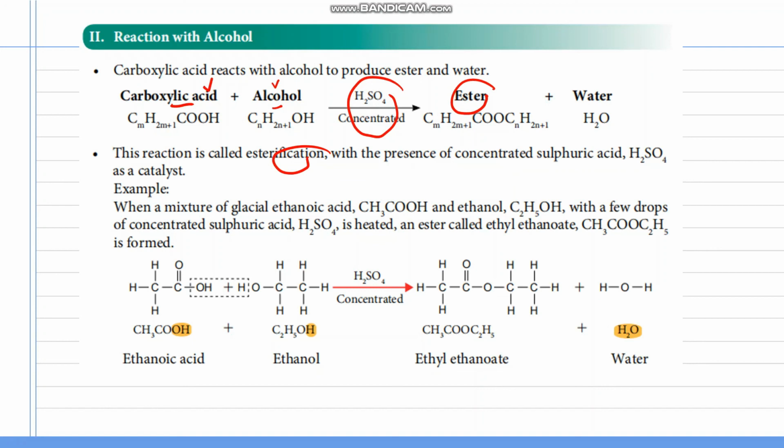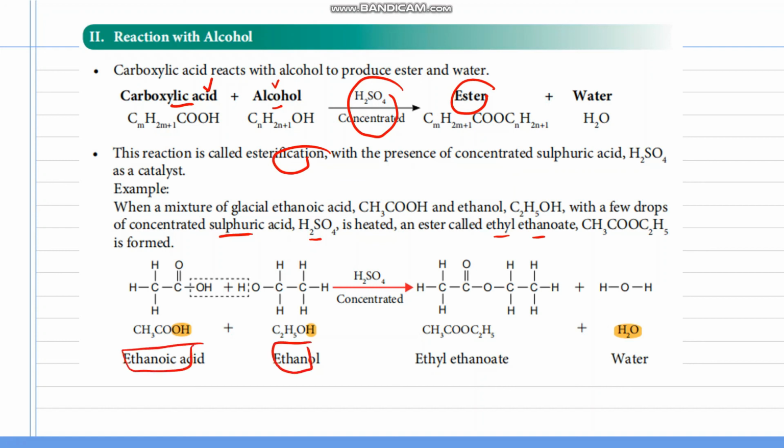So one example is here. When a mixture of glacial ethanoic acid reacts with the ethanol, and at the same time we add a few drops of the catalyst, which is the concentrated sulfuric acid, and after that we heat it, it will produce the ester that we call ethyl ethanoate. For the naming of ester, you will learn in the coming video. So here we have ethanoic acid react with the ethanol.